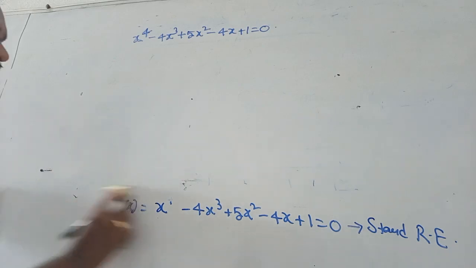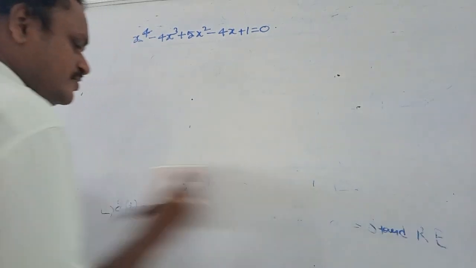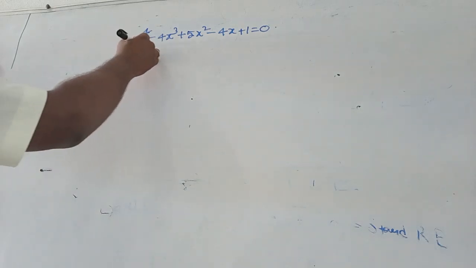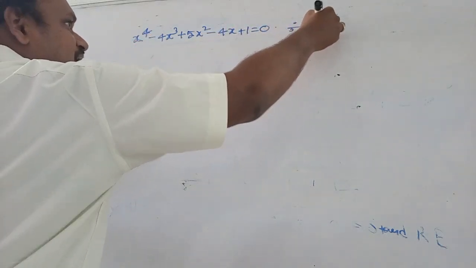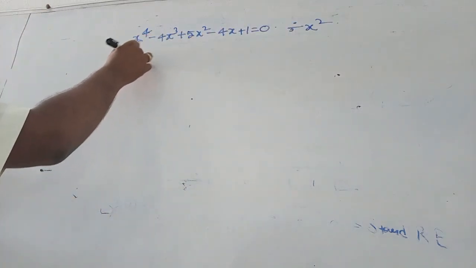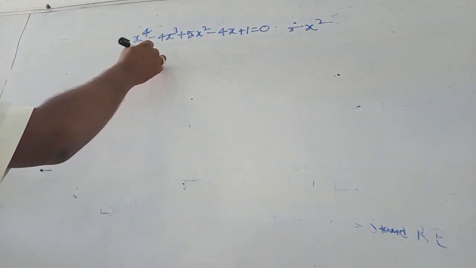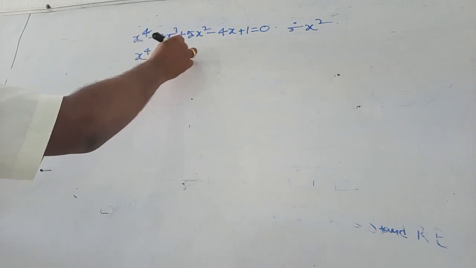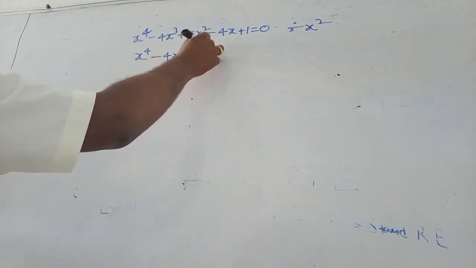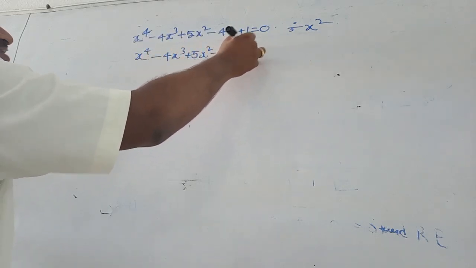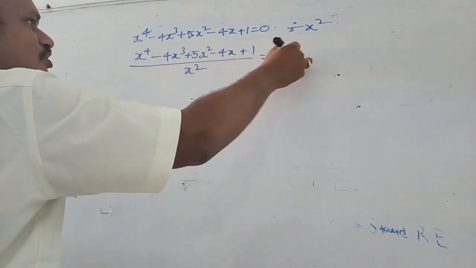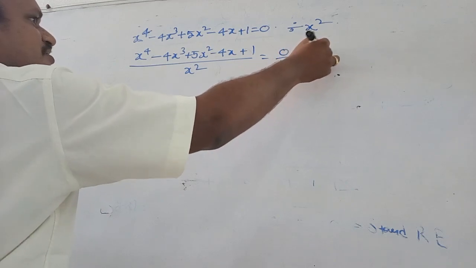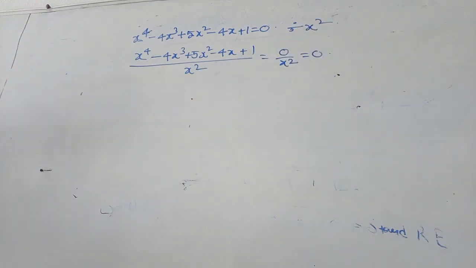Now this we divide throughout by x square. Then we are going to have x power 4 minus 4x cube plus 5x square minus 4x plus 1 whole by x square, equal to 0 by x square, that is 0.